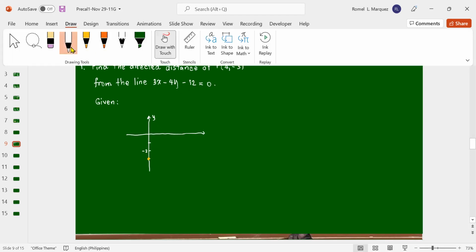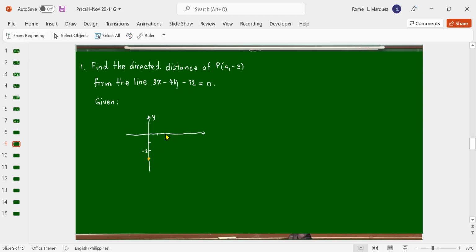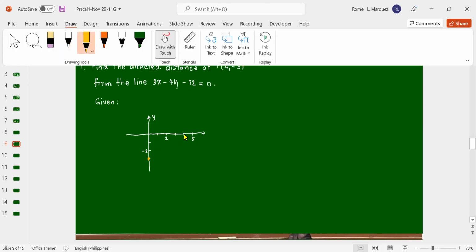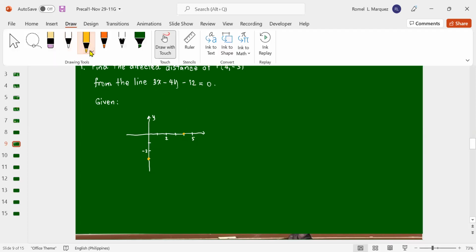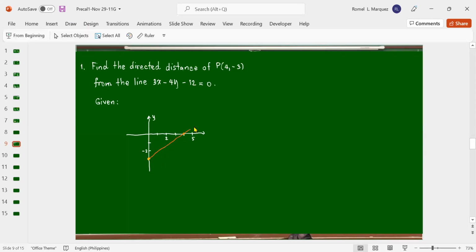Positive 4, right? 12 over 3, that is 4. So see, (4, 0). Okay? So draw the line passing through this point. So that is the line given.